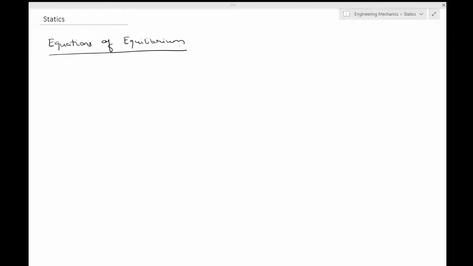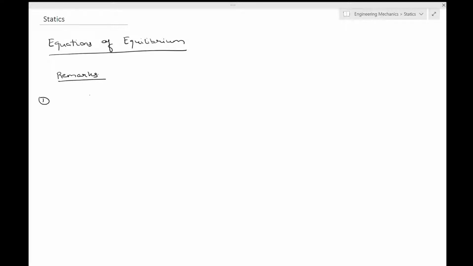We begin learning about statics by some remarks on the equations of equilibrium. Okay, just to see what will be useful for us in this case. So let's call this remarks. Remarks on the equations of equilibrium.